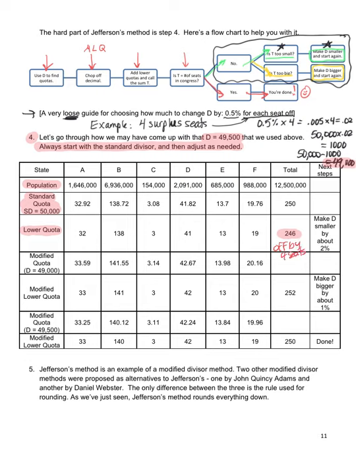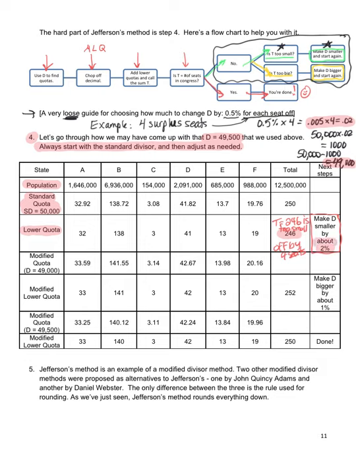Since T is 246, it is too small. We know we have to make our divisor smaller by about 2%. That 2% was this calculation we did up here, that loose rule. And again, by about 2%. That about is the loose part of the rule.